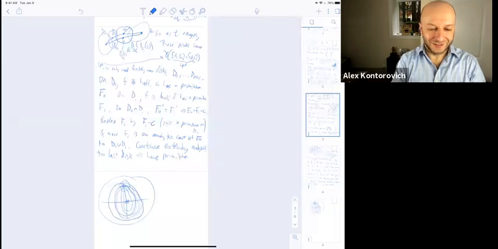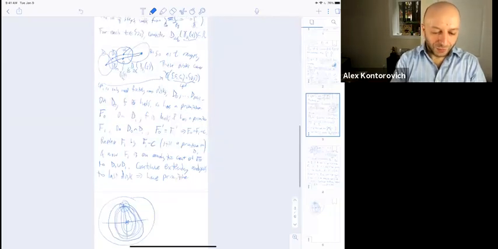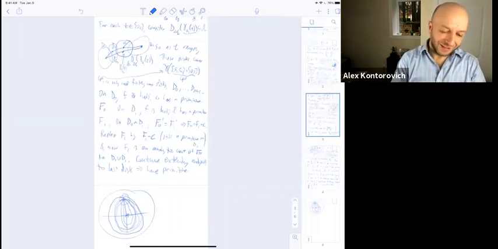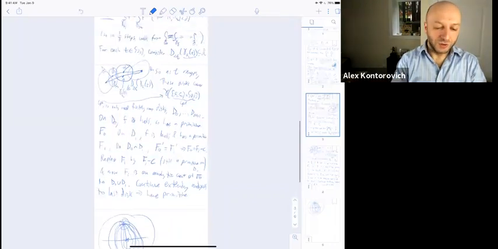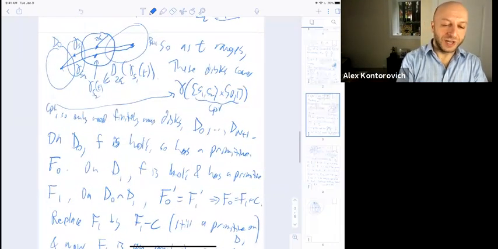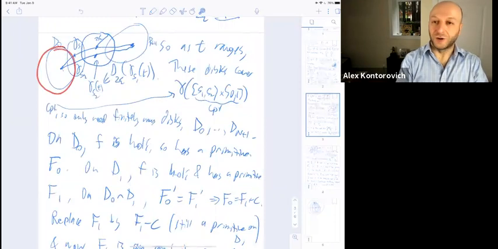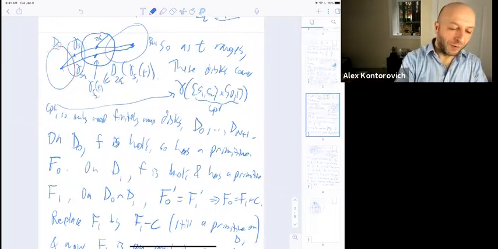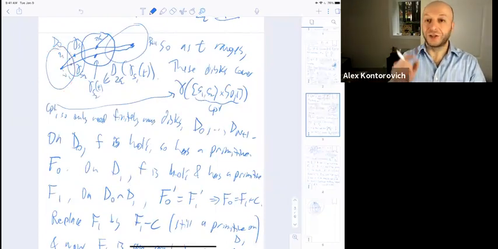No. The book's argument is a bit simpler, if you like. So certainly on each disk we have a primitive. No question about that. So they'll take a point, let's call this Z1 and W1, on the intersection of the two disks.